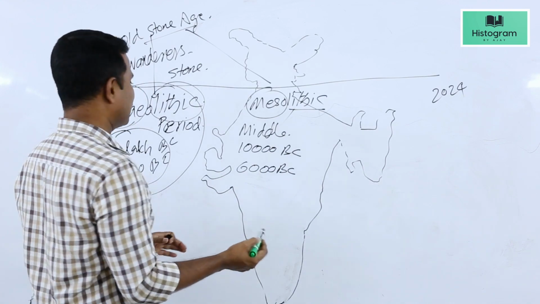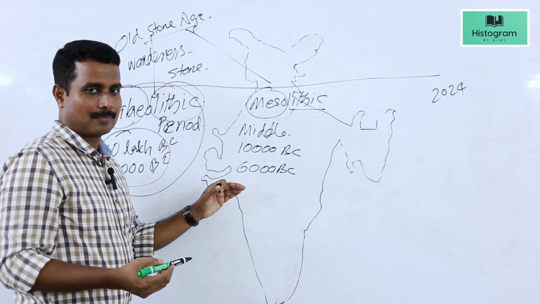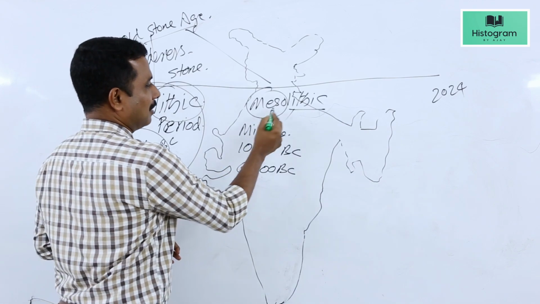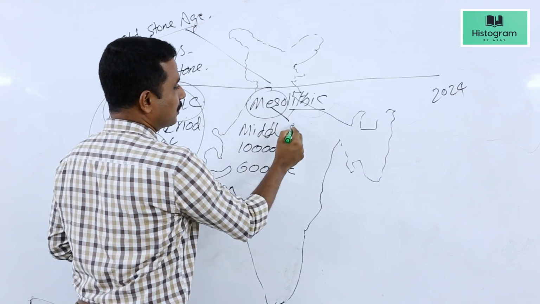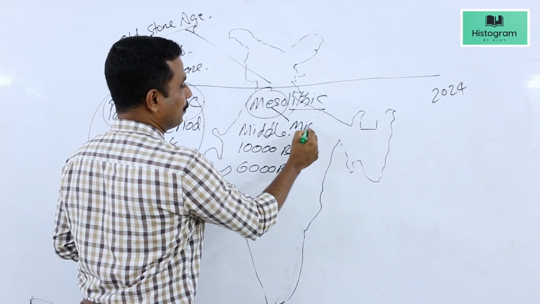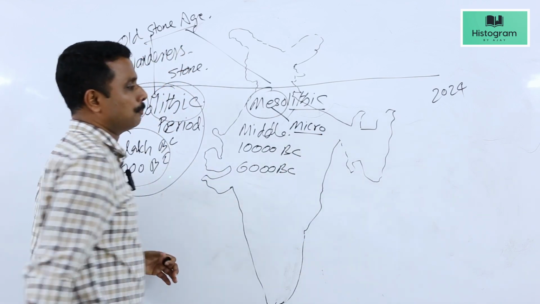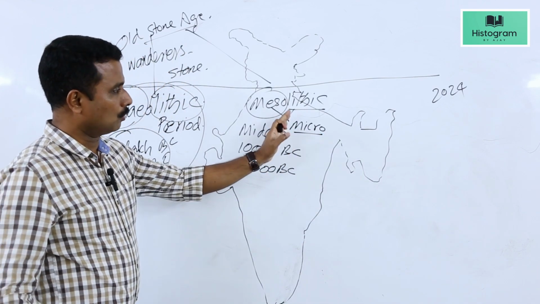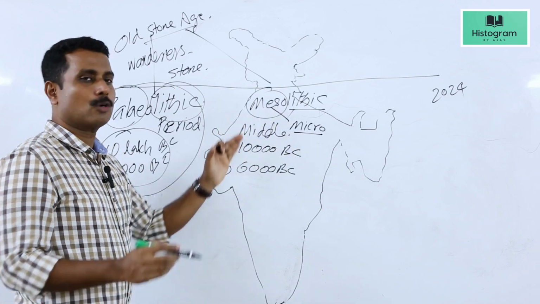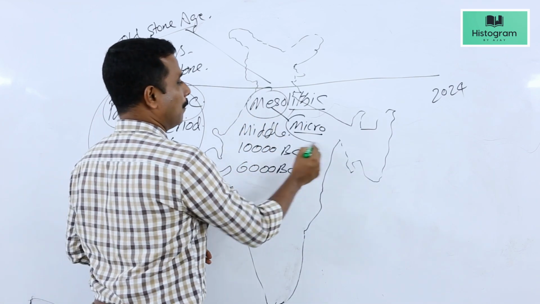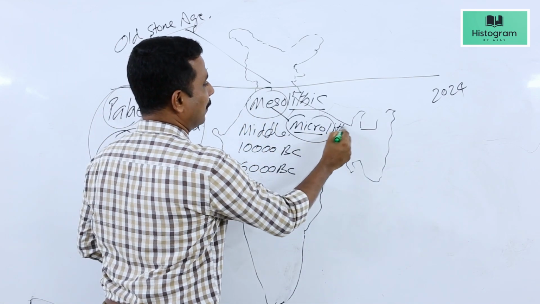Here these people had been using stone tools and implements that were very small. These stone tools and implements used by Mesolithic people were called microliths.